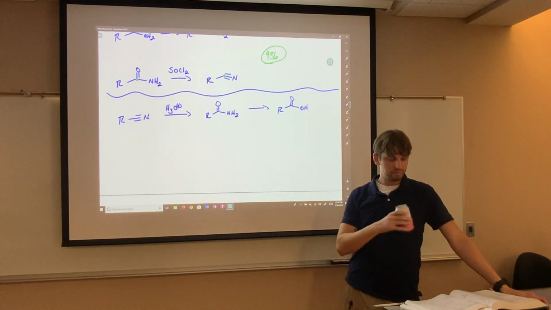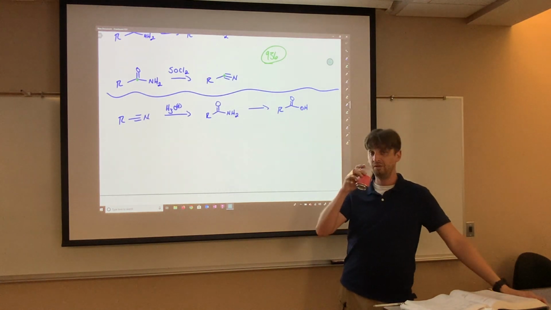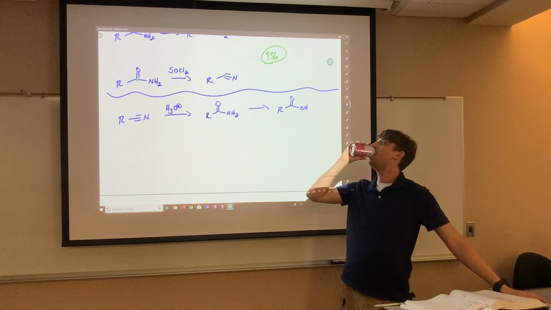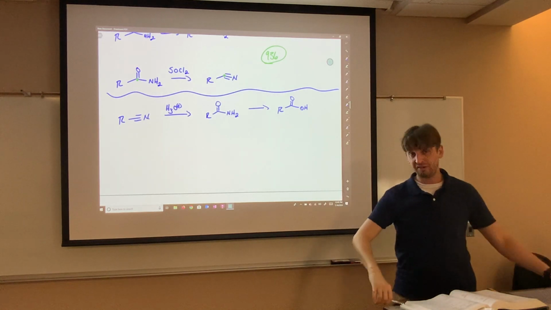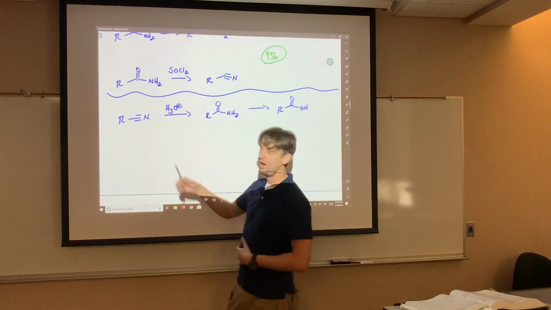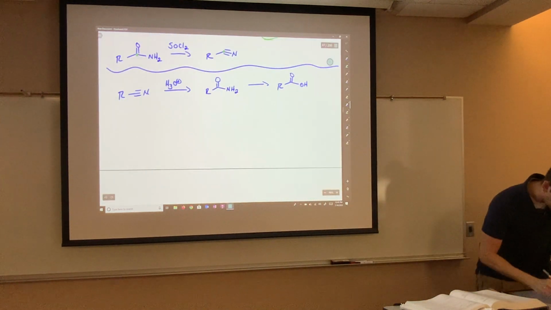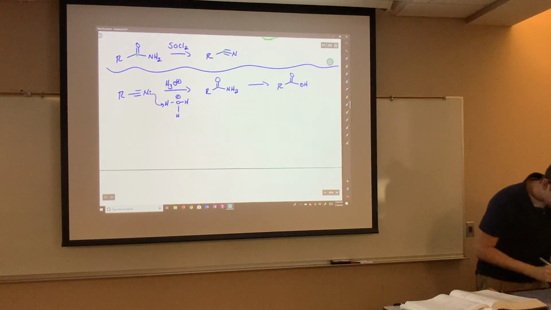Then we swing up the door, and we have to look at swinging it back down and all the other stuff that comes along with it, okay? Great time to pause right now and see if you guys can come up with a mechanism starting from that point. Protonate your nitrogen and then see what happens from there, okay? Cool, let's do it.